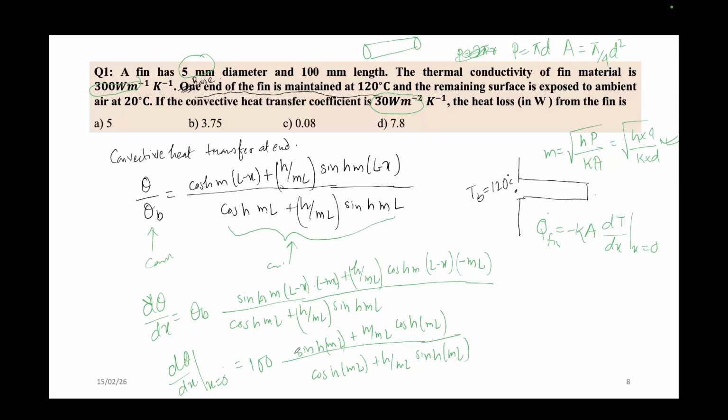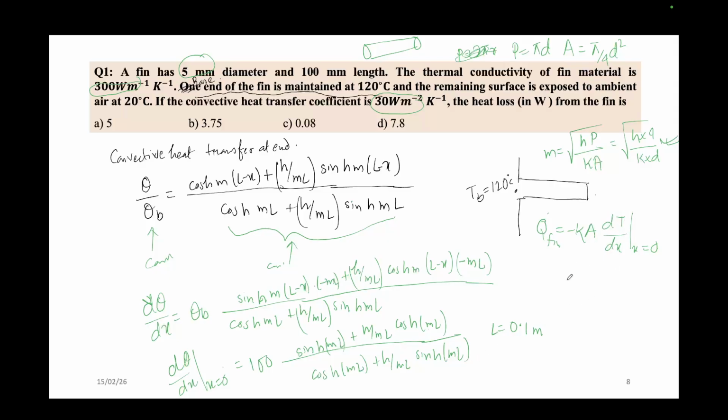So you can put m here, and L is known. L is given, I just converted into meter, 0.1 meter. So L is known, m is known. So you can find out this value d theta by dx.